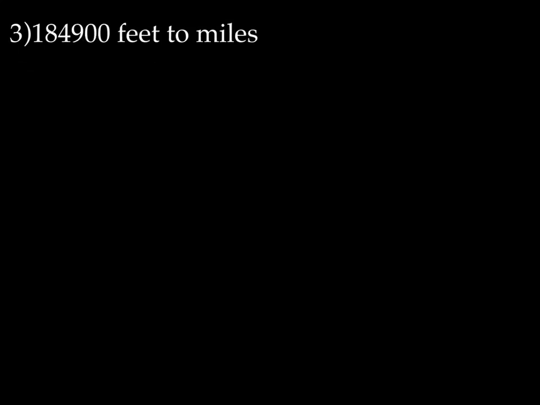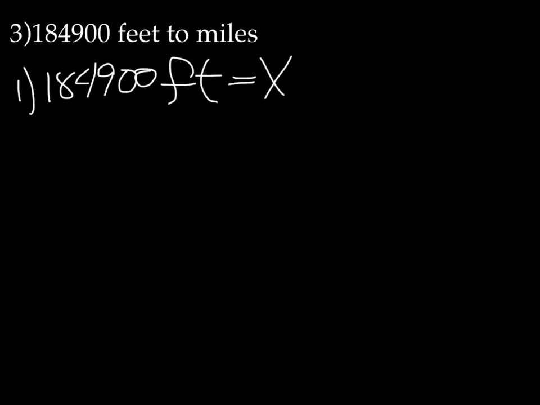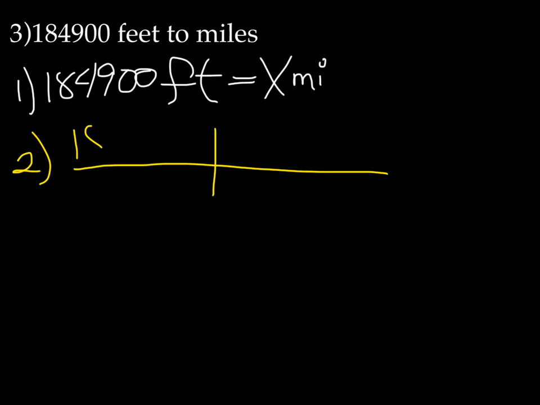Number 3. Okay, let's write our math problem. I've got 184900 feet equals X miles. Step 2. I write the grid and put in my known, which is 184900 feet over 1. Okay.